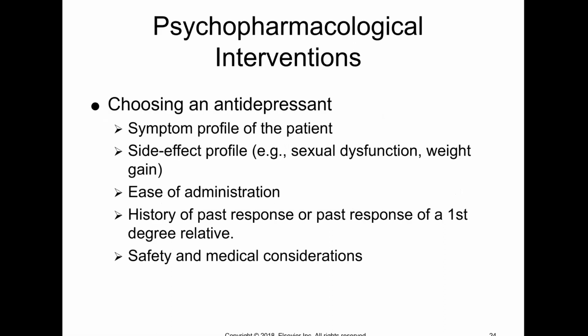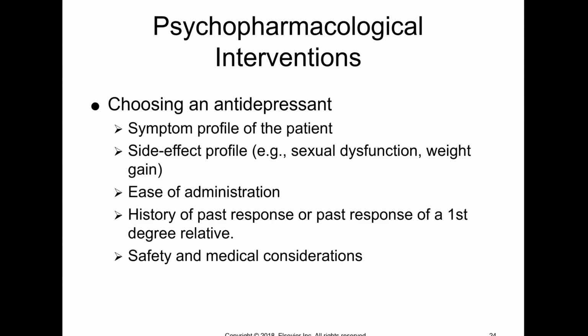So how do we choose the pharmacological agents? How do we choose an antidepressant for a patient? Well, the symptom profile is a big part of it. We talked briefly about the fact that there may be a comorbidity with a pain syndrome like fibromyalgia. If they're having chronic pain issues, then we're going to look at an SNRI, something like duloxetine or Cymbalta.